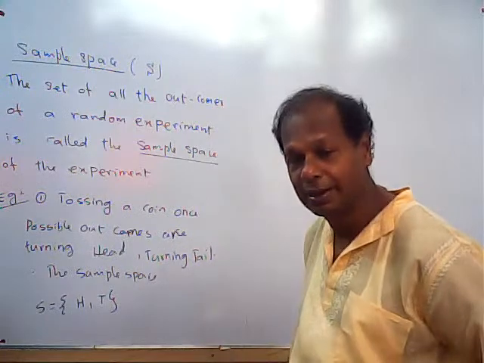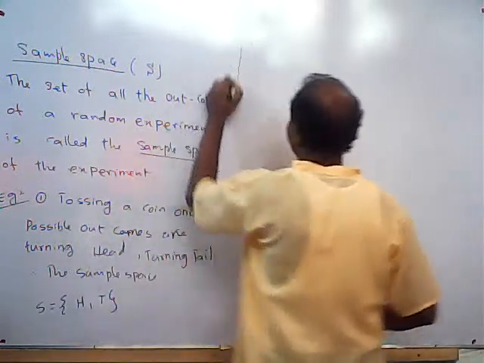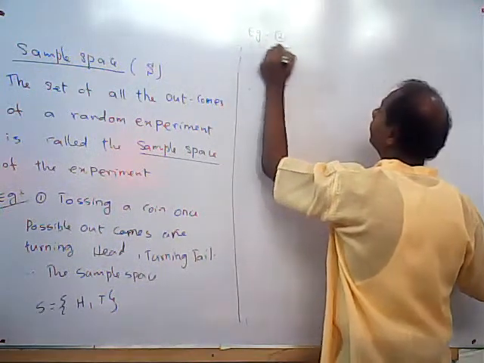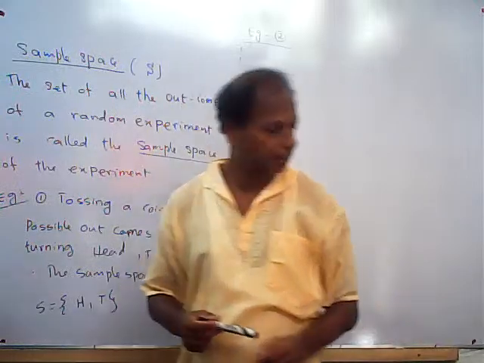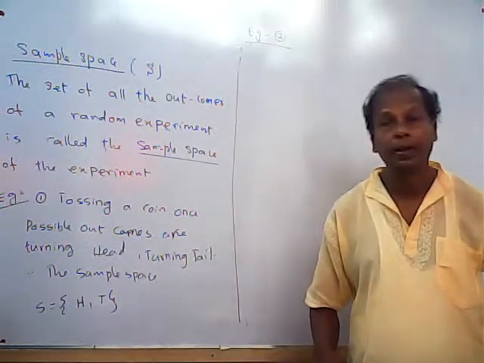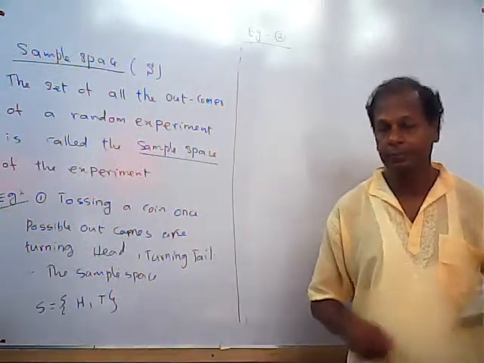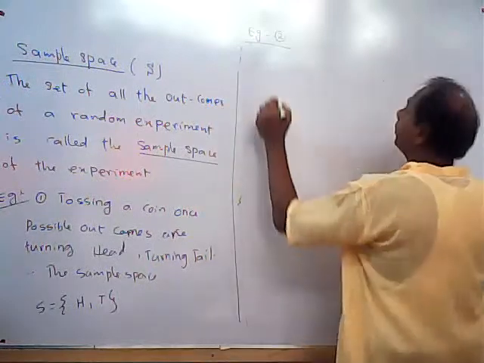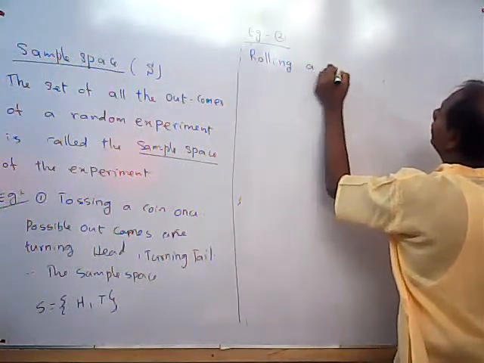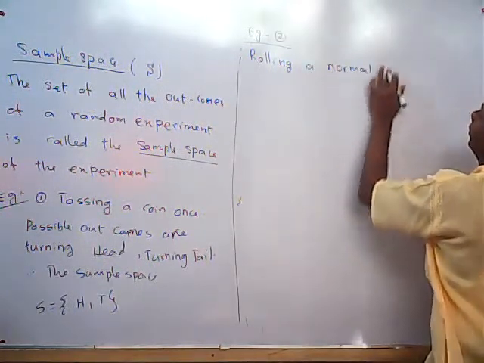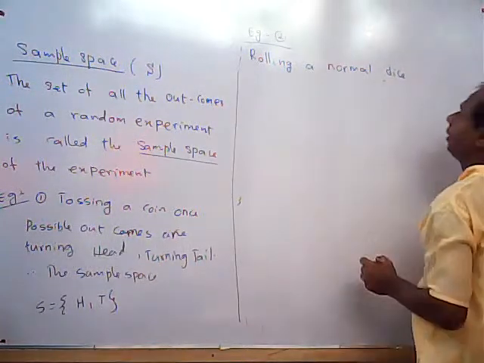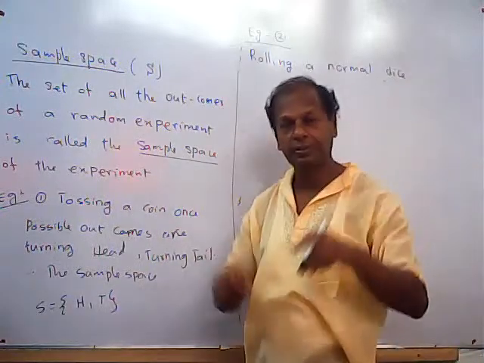Practically, right? We go to another example. Example 2. This time we toss or roll a normal dice, a normal dice with six faces.